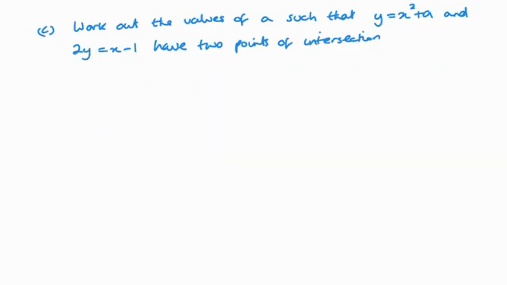For 2 points of intersection, the discriminant must be greater than 0.